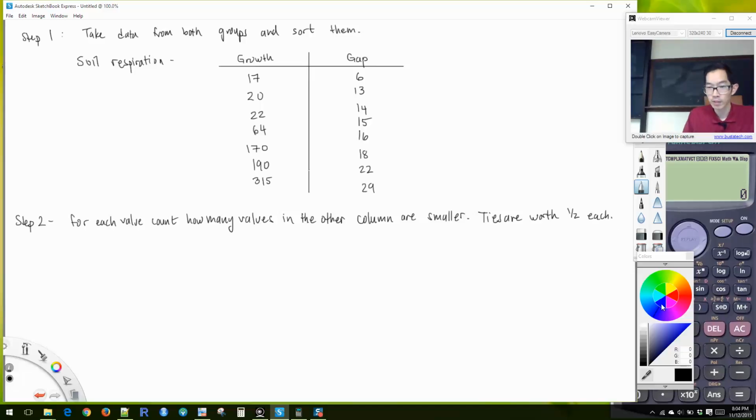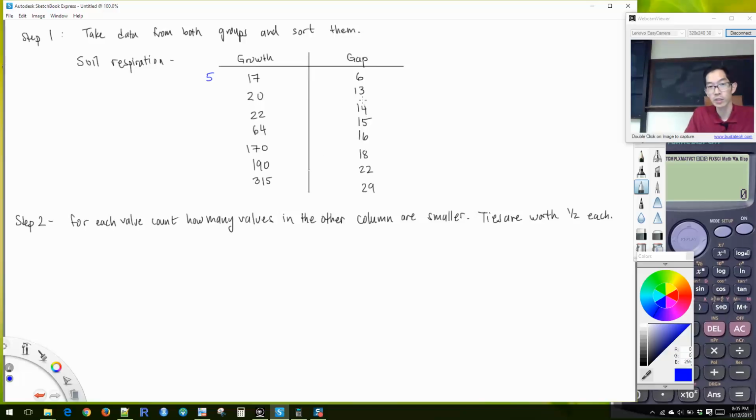So what we do is we look at this number 17, and we say how many values in the other column are smaller than 17, and we go, oh, 6 is smaller, 13 is smaller, 14, 15, 16, so I got 1, 2, 3, 4, 5. 5 values in the other column are smaller.